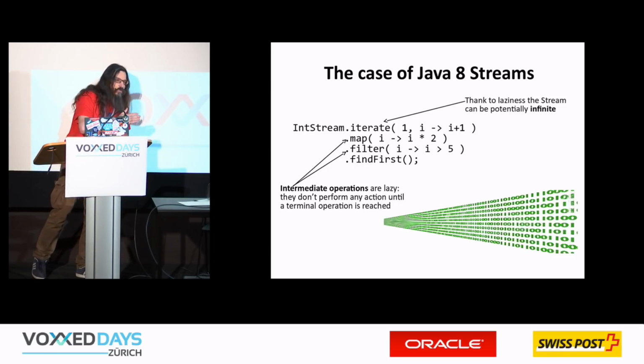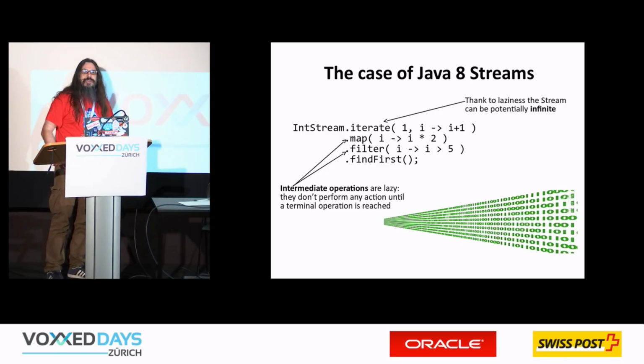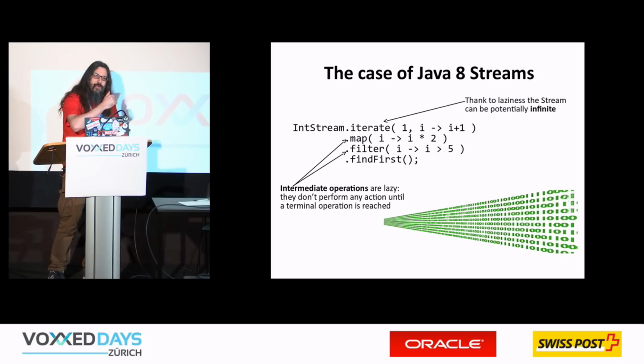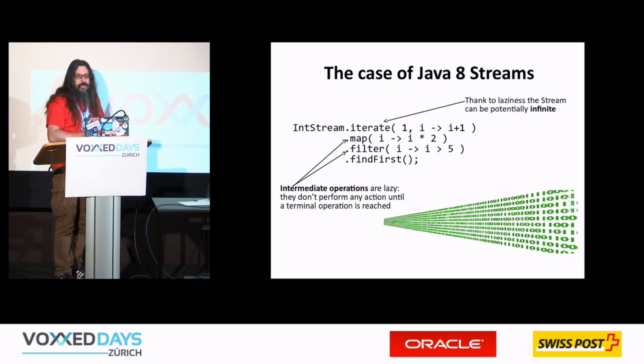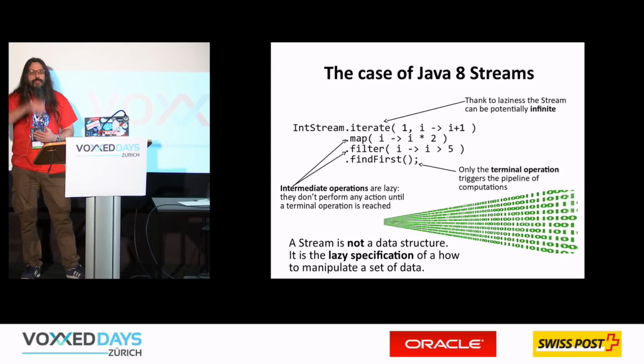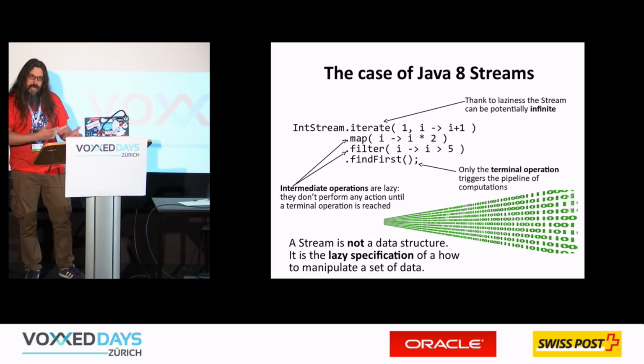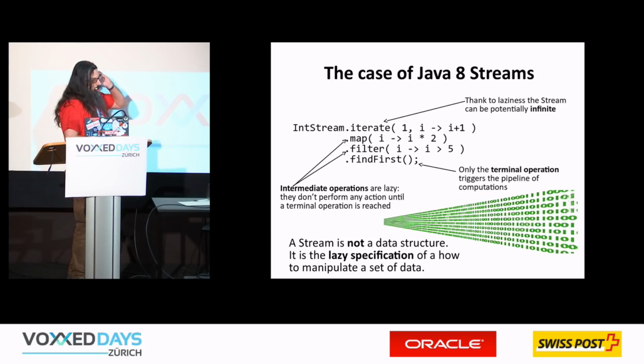You haven't gone to check the room of Sophia yet. At the moment you ask for a result, at the moment you do a terminal operation, all the other operations are triggered in a lazy way, and then you have the advantages that also Venkat showed in his talk.